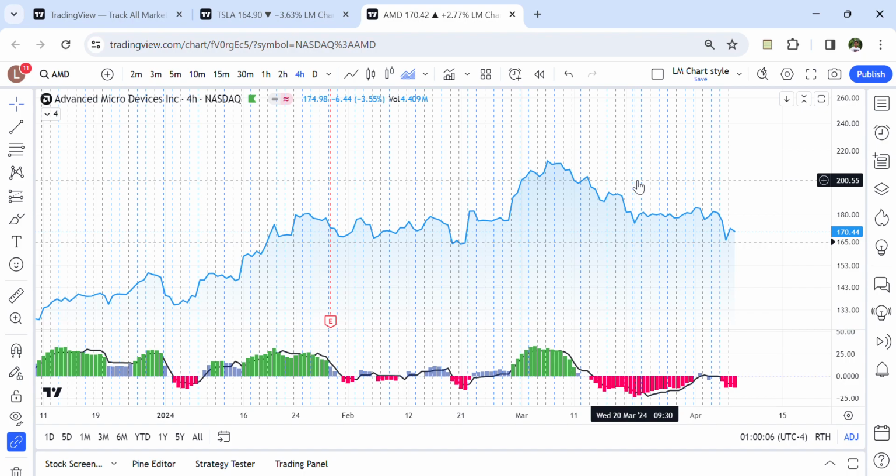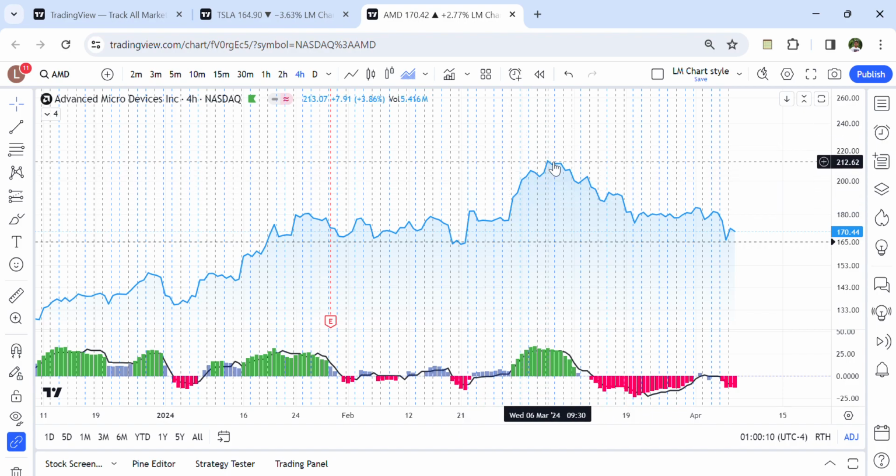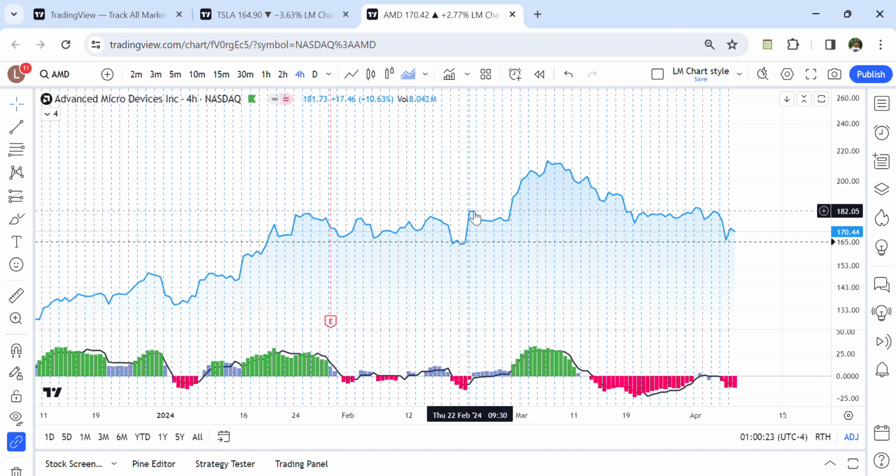Why is it important? Because when it is high, if you take AMD at 212, AMD is making a higher high, let's buy stocks at 212. Okay, no good. Even here, if you buy your stock at 182, you have to see a downfall to 177, and that too for 5 days.